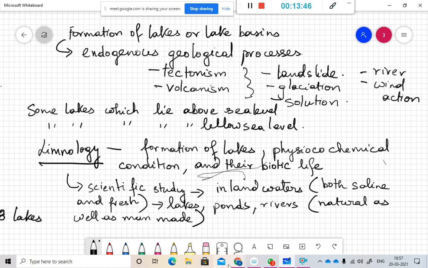And of course the hydrological aspects also, like evaporation and how the water moves up and down during the summers and winters.